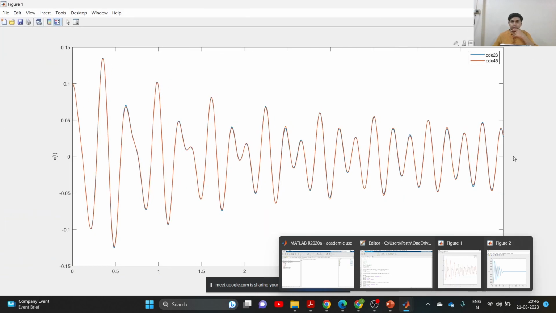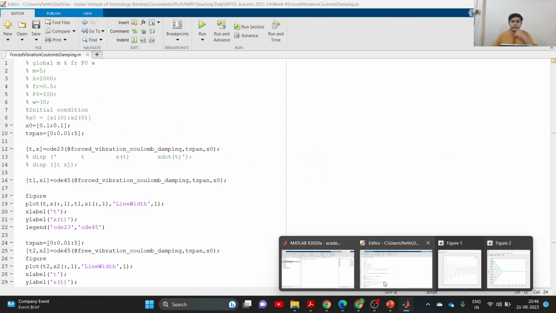So for forced vibrations, we can see that because of the Coulomb damping, the amplitude of the system goes on decreasing, and finally it settles to a steady value.